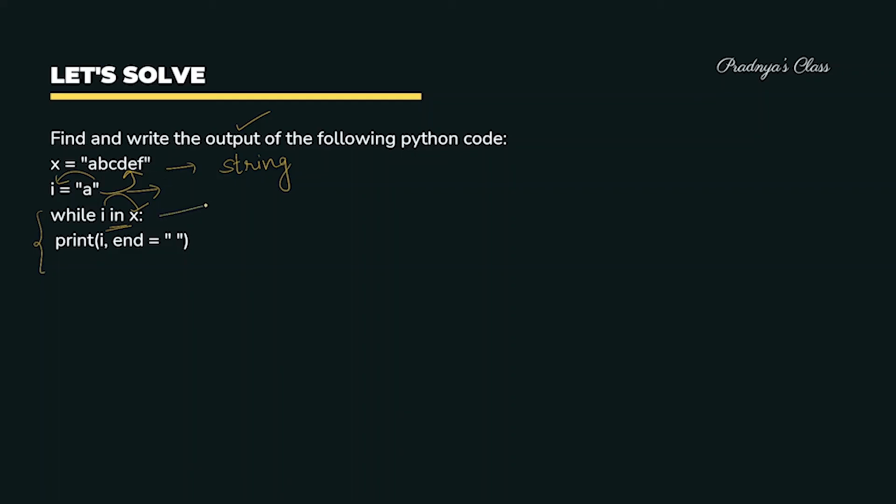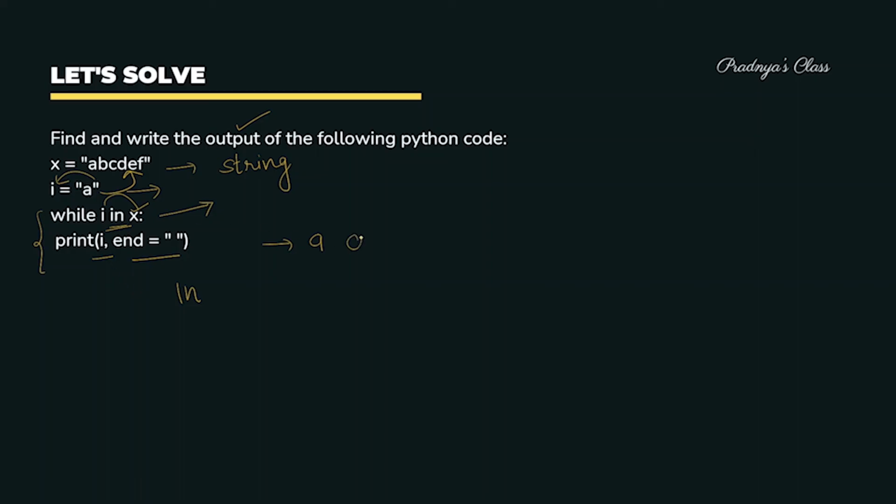So this loop will keep on executing till the value of A is in the list and it exists in the list. Here we are printing the value of I, which is A, and we are using the end parameter here, which is space. By default, the end parameter is \n.